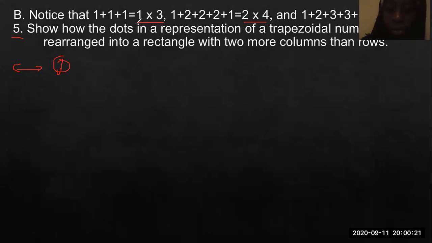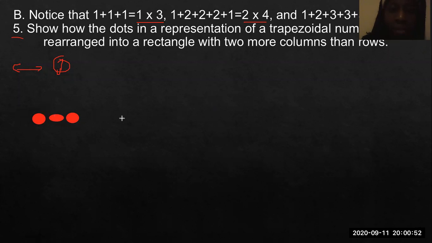So how will we be able to know which shape to put this in? We'll just make sure that the columns have more than the rows. So 1, 2, 3, 1 row and 3 columns. Okay, we're gonna skip to a little distance. And then 2 and 4, we have to have more columns than rows.